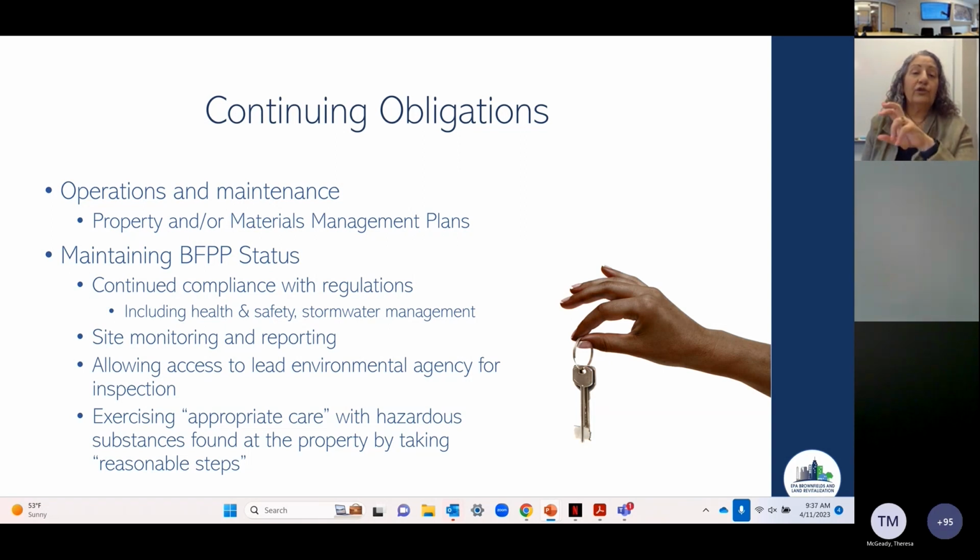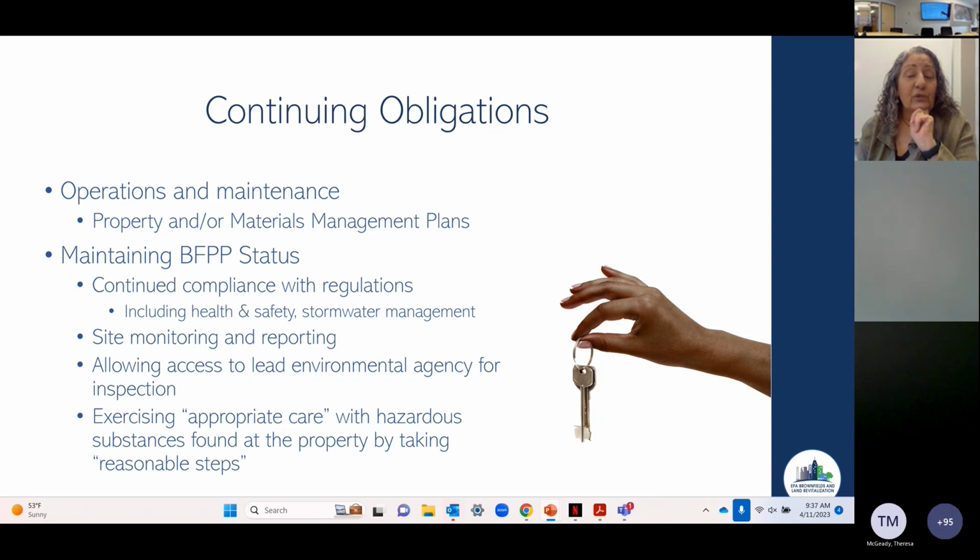And there's a clause that requires use of appropriate care when using any hazardous substances or discovering any hazardous substances found at the property by taking reasonable steps. These are really squishy terms. These are not particularly defined.